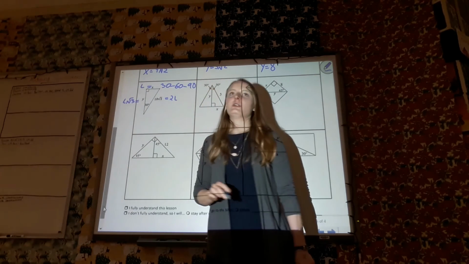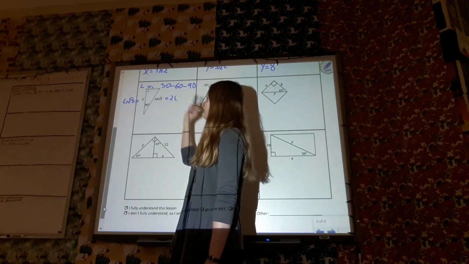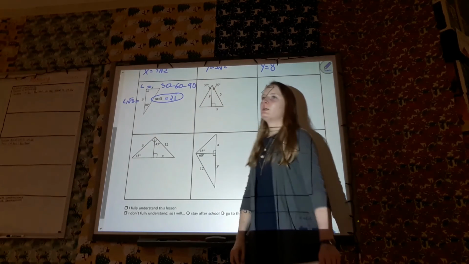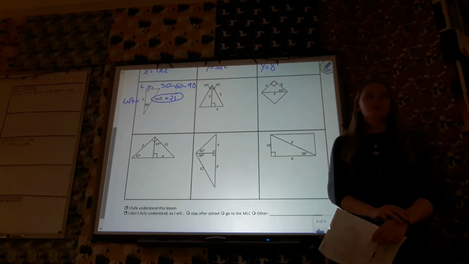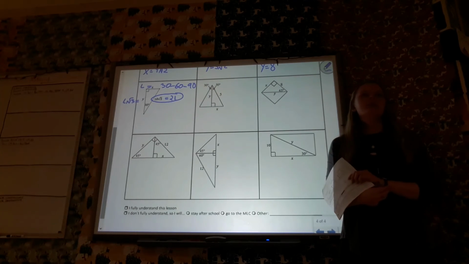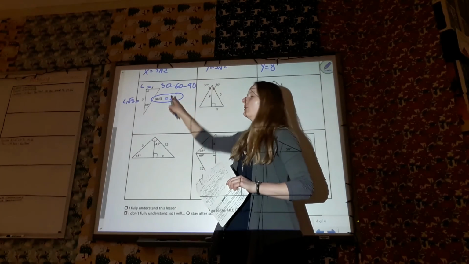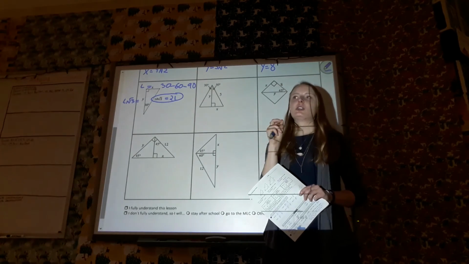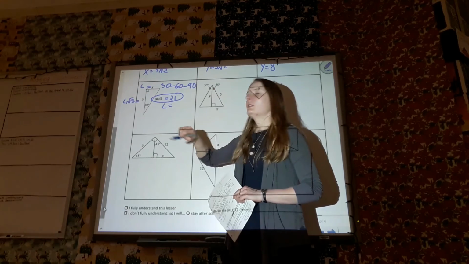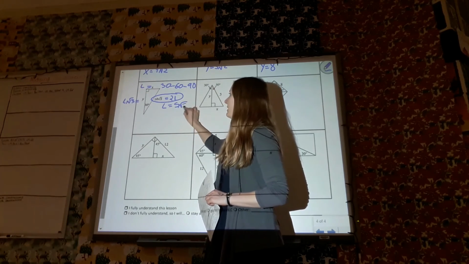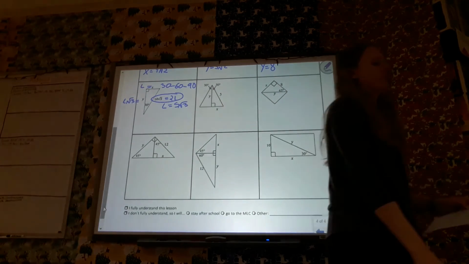Alright, which one will I circle? Okay, I'm going to use this to help me solve for L. How do I solve for L? Divide by 2. Whatever's with the L that shouldn't be there, you divide it away. So I divide by 2. So what's the value of L then? 5 root 3.